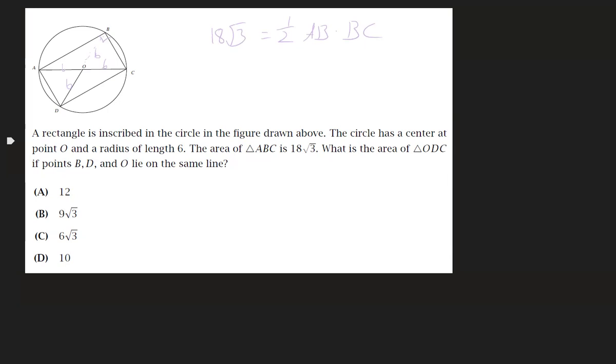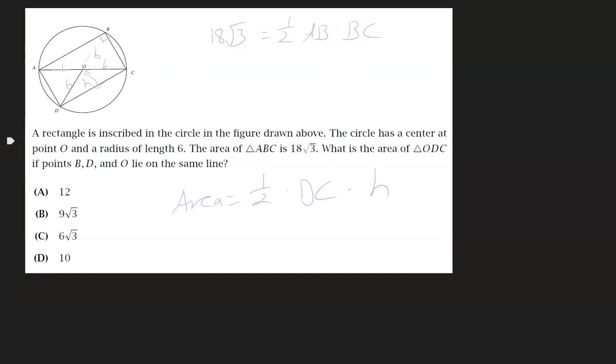And we want the area of ODC, triangle ODC. So right here, that area, okay? So the area that we want is half of the base, which is DC, and the height, we need this height. Let's call it H for now, okay?